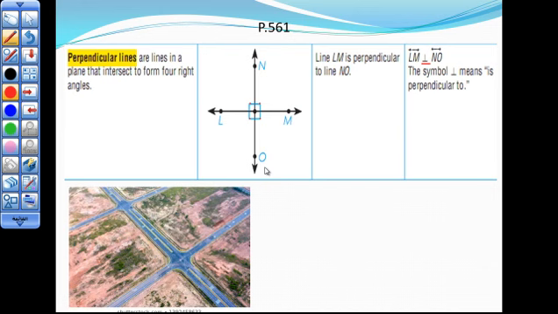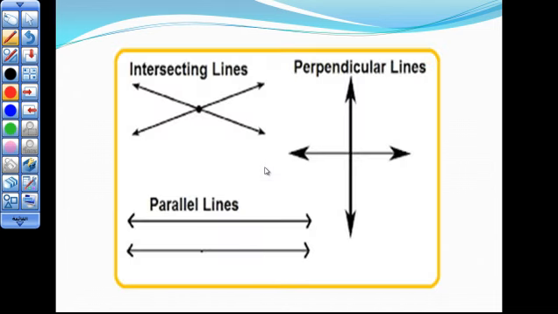Perpendicular roads. Yes. Here, in this picture, you will see a model for everyone. This picture represents the three cases together. The first case is intersecting lines, the second case is parallel lines, and the third case is perpendicular lines.